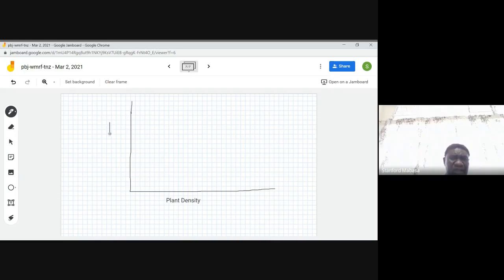Here I write the 1 over, to show a reciprocal. So I'm dividing the individual weight into 1, which is a reciprocal.